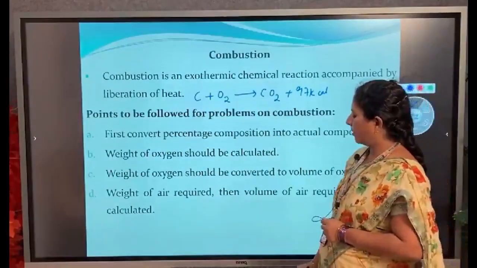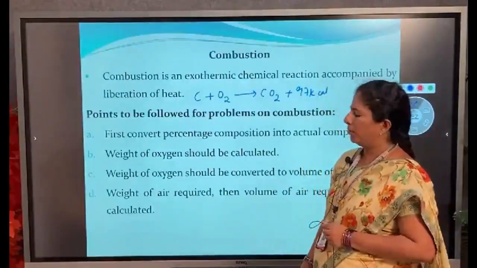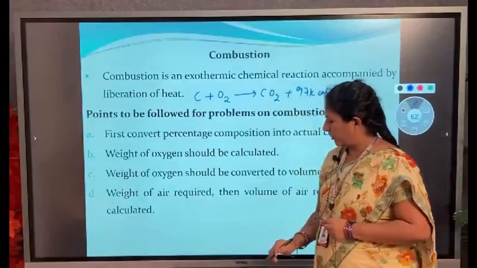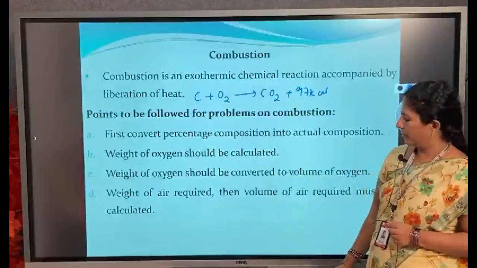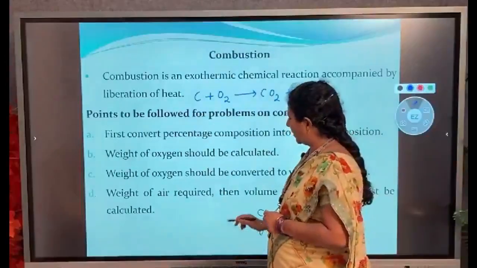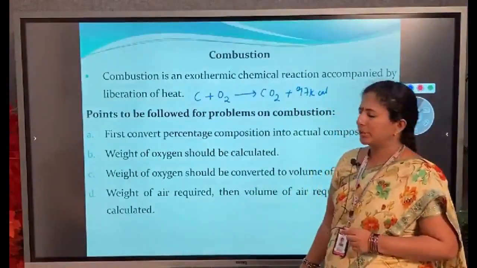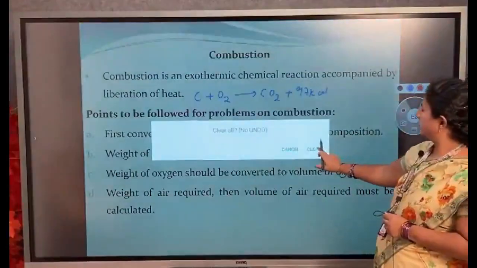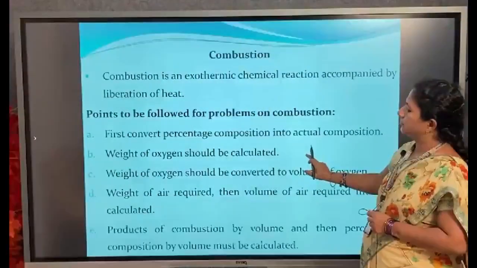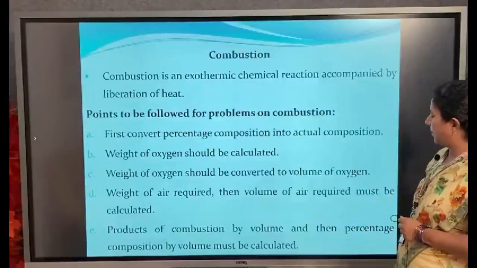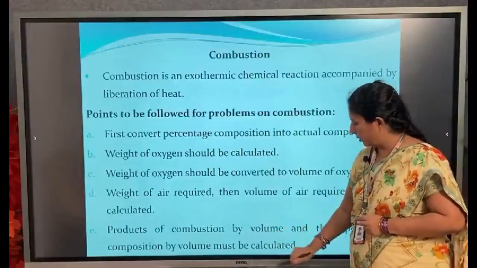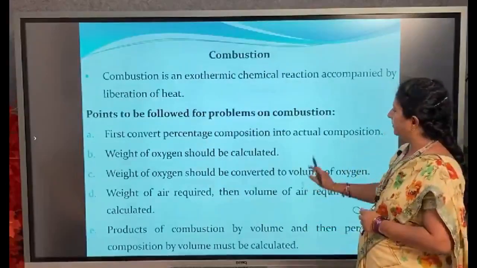While doing problems on combustion, the amount of carbon, hydrogen, sulfur, carbon monoxide and other hydrocarbons should be considered for complete combustion in excess of air. Products of combustion by volume and then percentage composition by volume must be calculated.